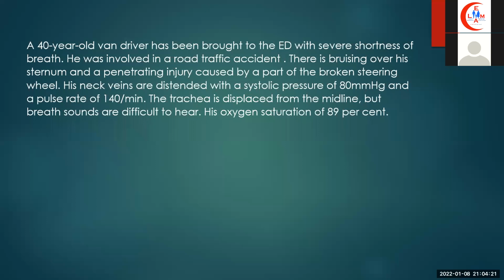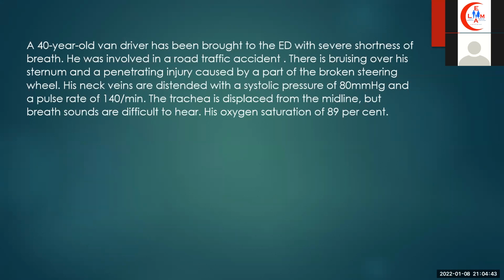A 40-year-old van driver has been brought to the emergency department with severe shortness of breath. He was involved in an RTA. There's bruising over his sternum and a penetrating injury caused by a part of the broken steering wheel.